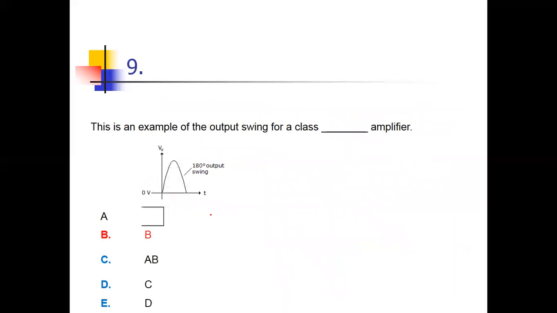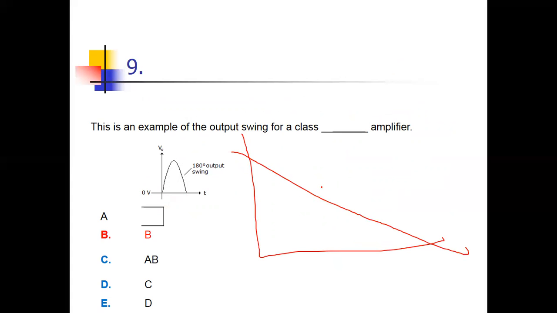See, this is an example of an output waveform; which class does it belong to? Class A is already clear. In class A, the Q point is exactly in the middle of the load line, but in a class B power amplifier, the Q point is at cutoff. So if you draw the waveform, what will happen? Only half the portion will come under the load line.